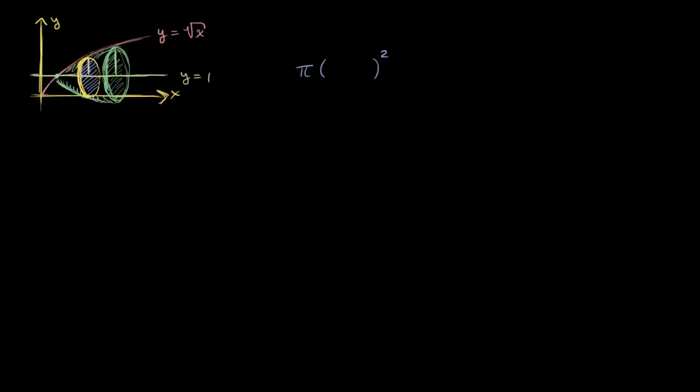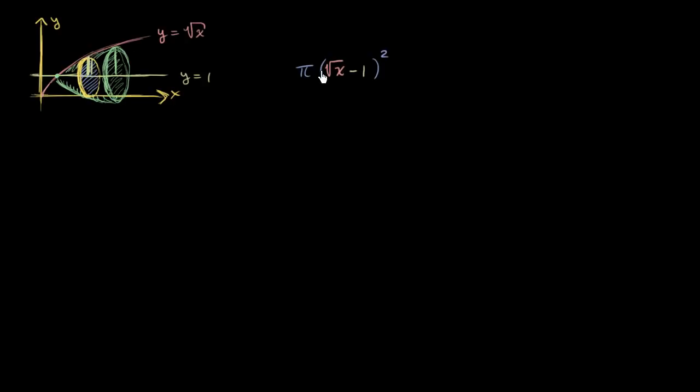This length right over here, square root of x minus 1 for any given x in our interval. It's essentially our function minus what we are rotating around. That gives us the radius.